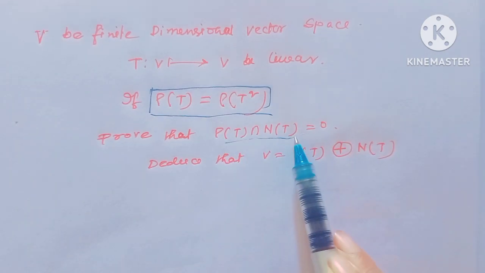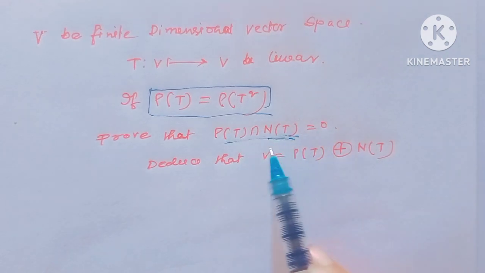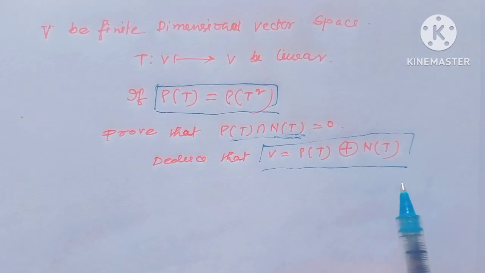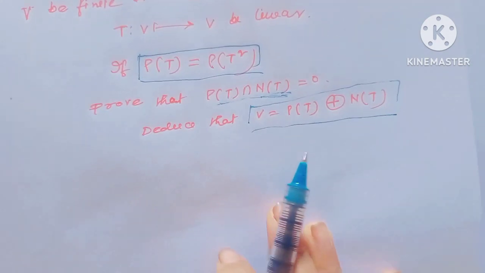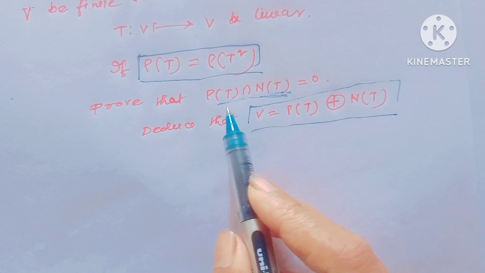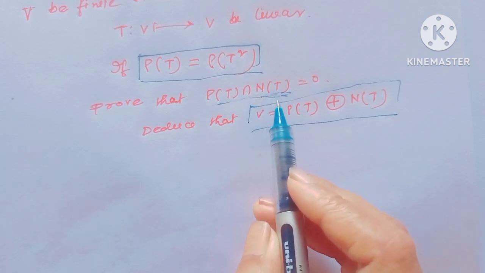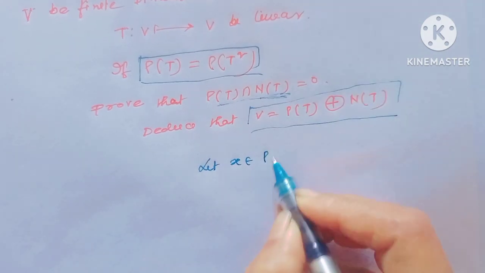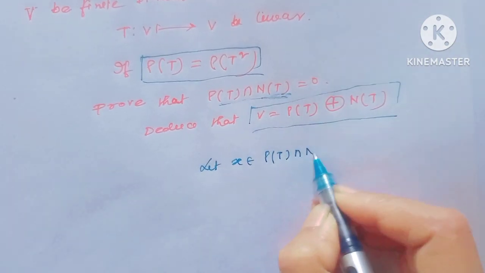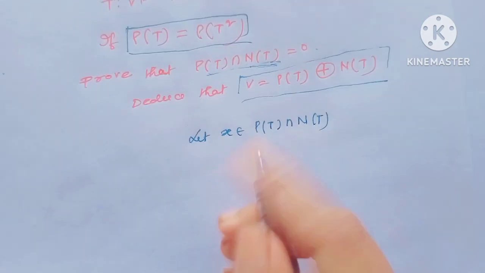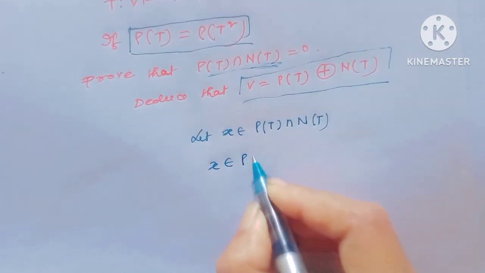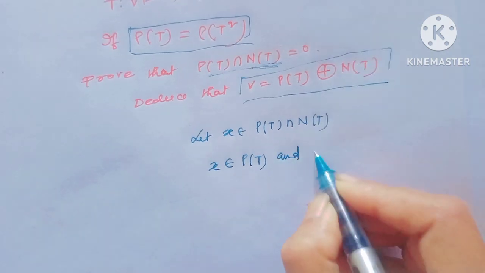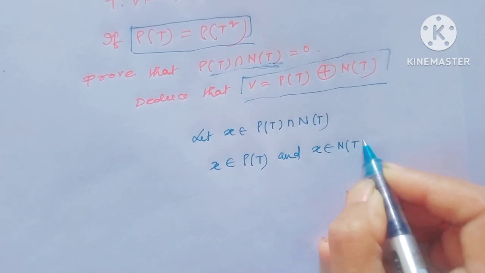Since the intersection equals 0, that means V is the direct sum of range of T and null space of T. For this, we have to prove range T intersection null T equals 0. Let X belong to range T intersection null T. That implies X belongs to range T and X belongs to null space of T.